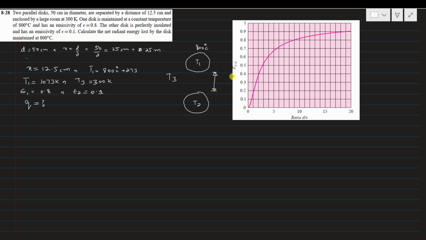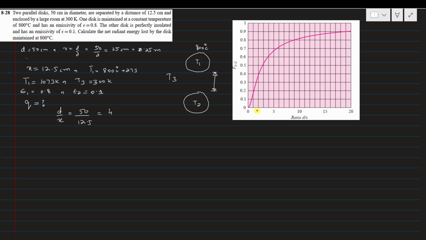In order to find the shape factor F12, we need the ratio d by x. So d, that is 50 centimeter, is the diameter of the disc, and x is the distance between these two discs, given as 12.5 centimeter. This ratio will give you 4.